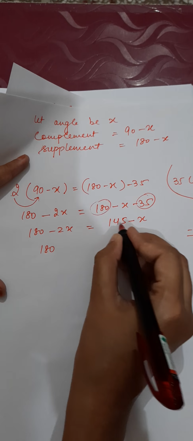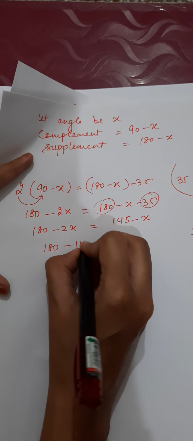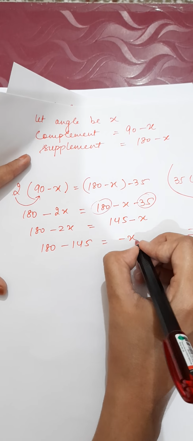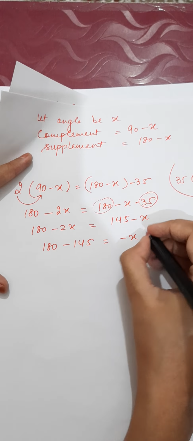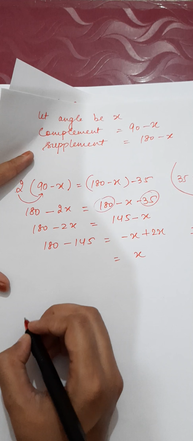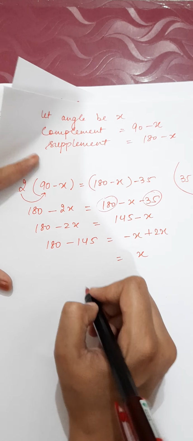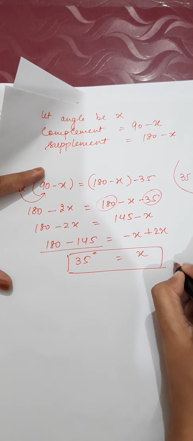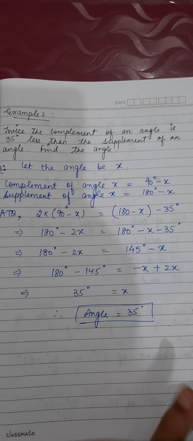So 180, 145 I am going to keep here. It will turn out to be minus 145. Minus x here only, minus 2x will go to the other side and change to plus 2x. And this will come out to be x when you solve this. And this will come out to be 35. So therefore the angle is going to be 35, and this is the solution.